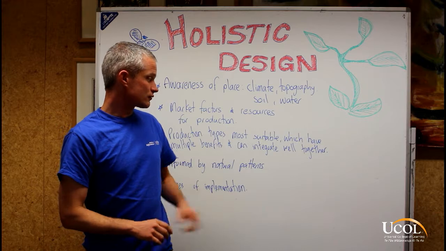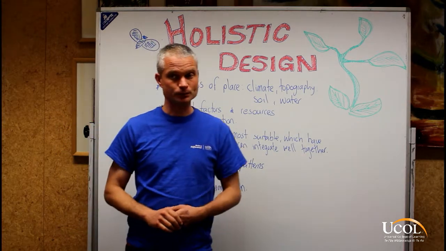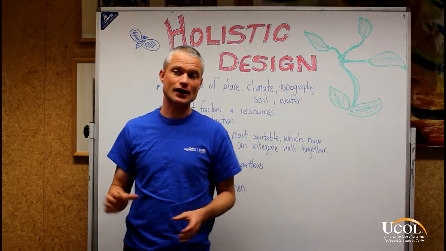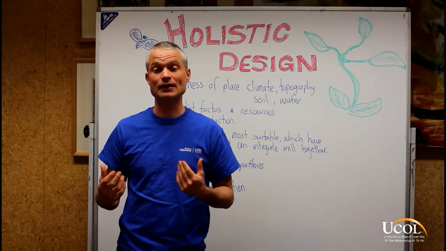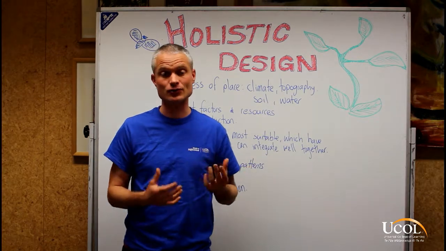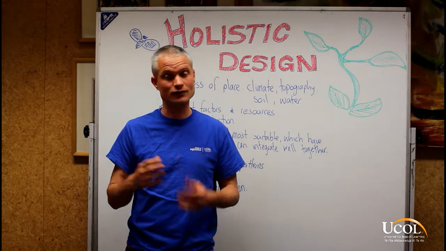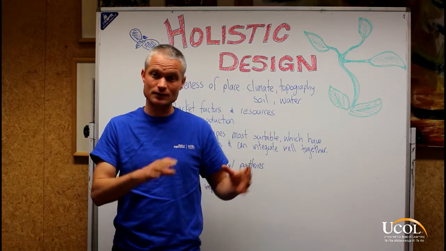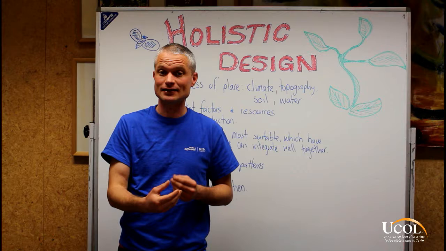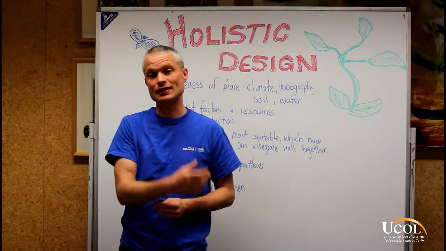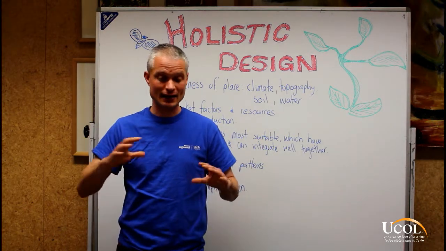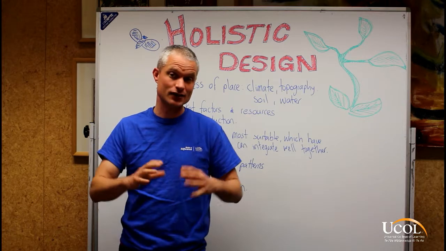The other thing is really the integration of your different production types. So you're aiming to replicate a natural system, and in a natural system there's a variety of plants and shrubs and herbs integrated with animals and insects and birds, and they harmonize together as a balanced ecosystem.